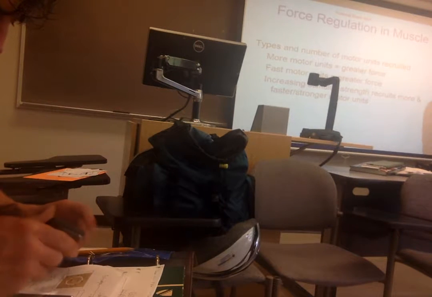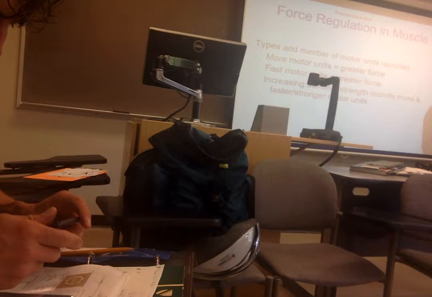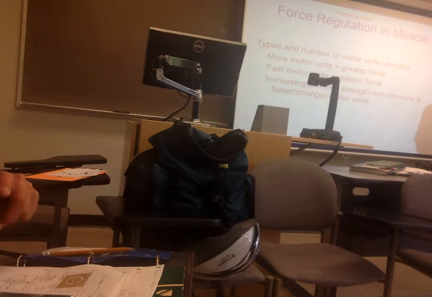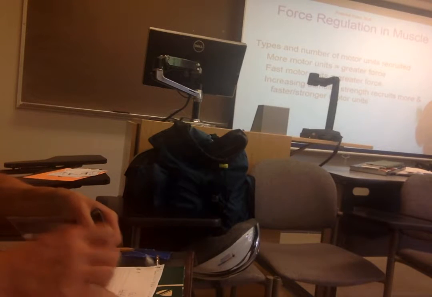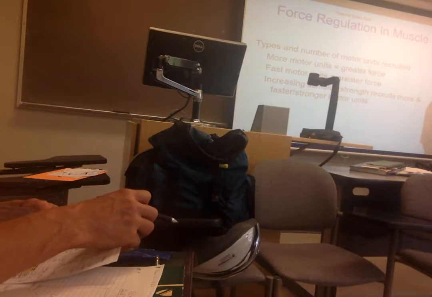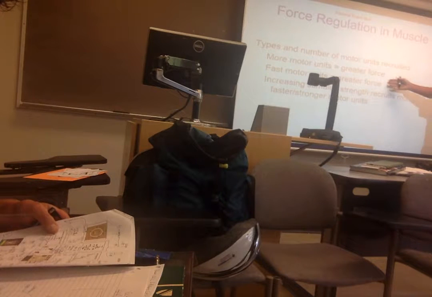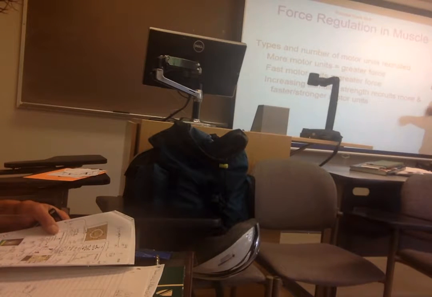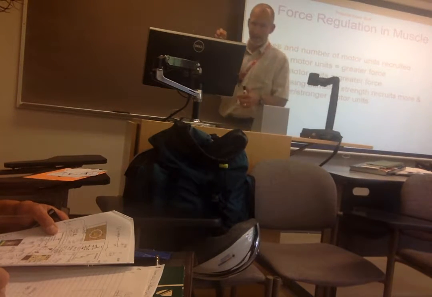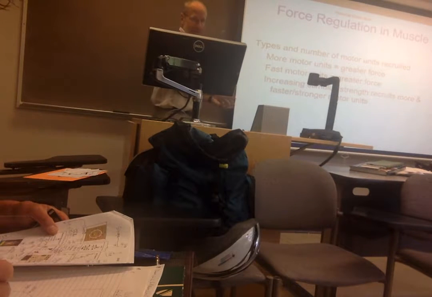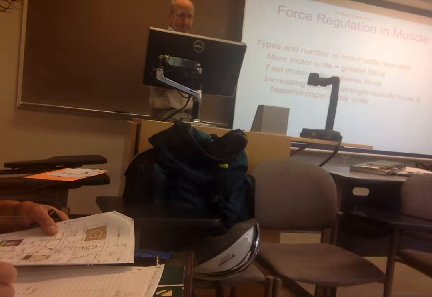Let's say I can lift it. Now I've recruited slow twitch and fast twitch, and it's also a number of motor units. Big picture: how do you develop greater force? More motor units and fast twitch. Increased stimulus strength recruits more, and faster, stronger motor units. If I gave it a really strong stimulus, I'm going to recruit more and develop more force.